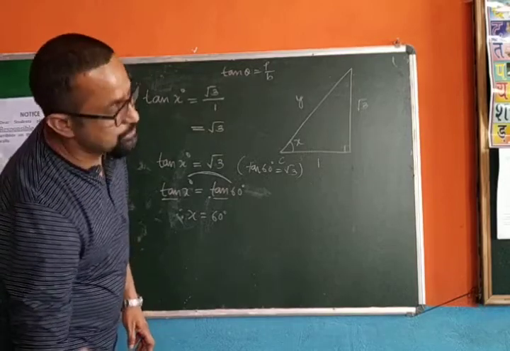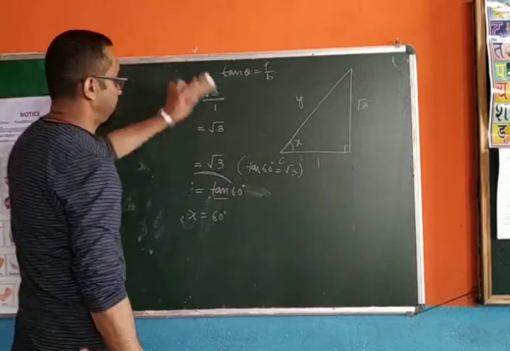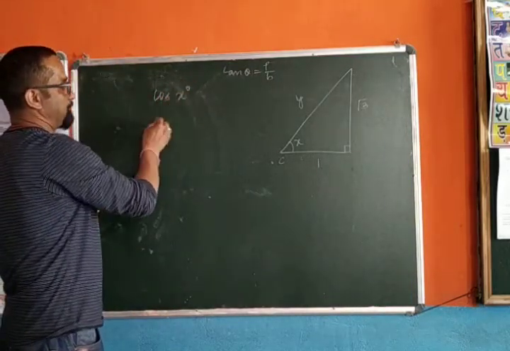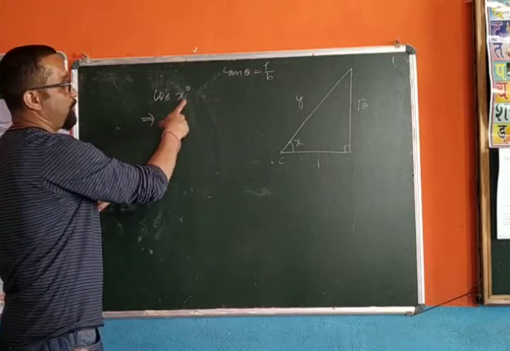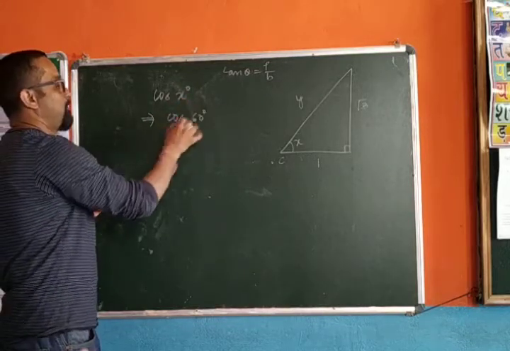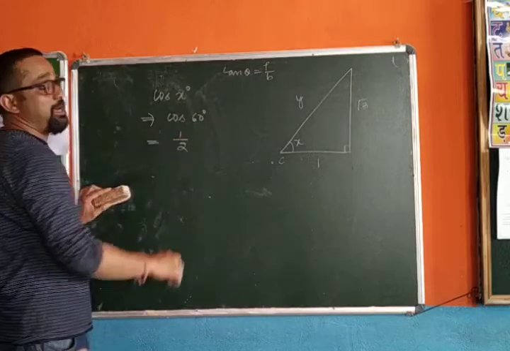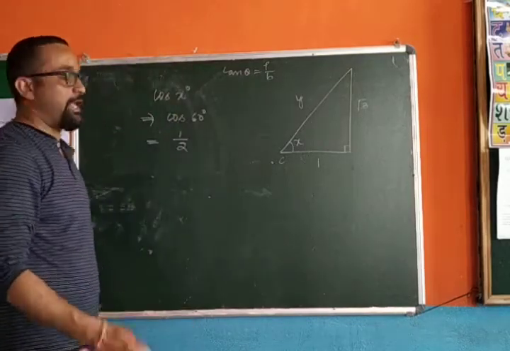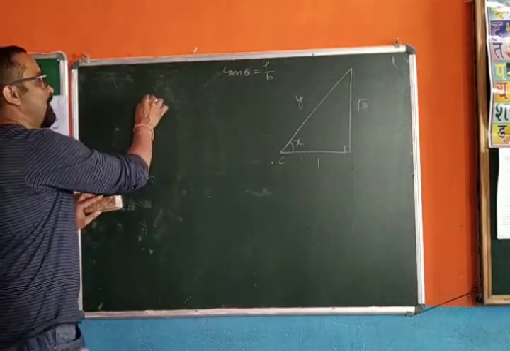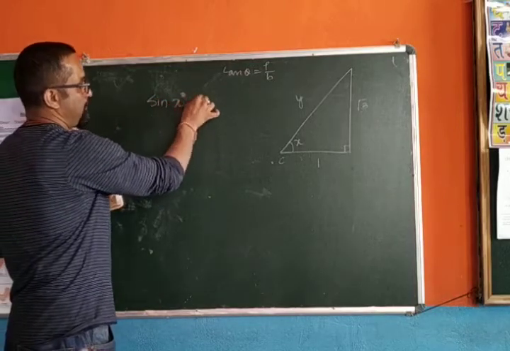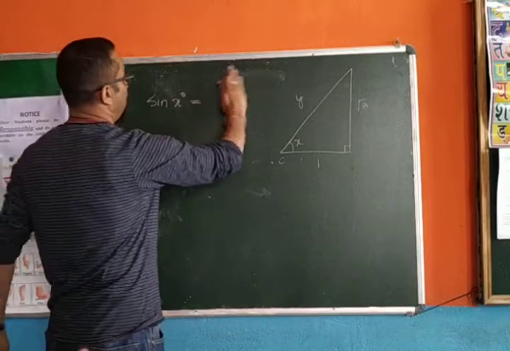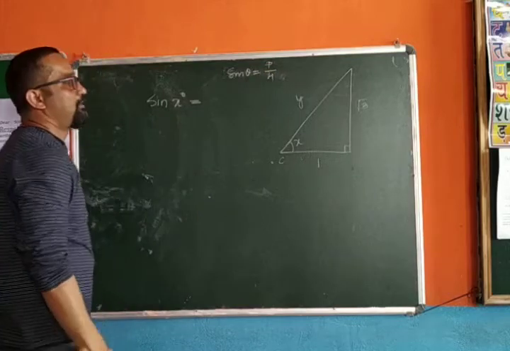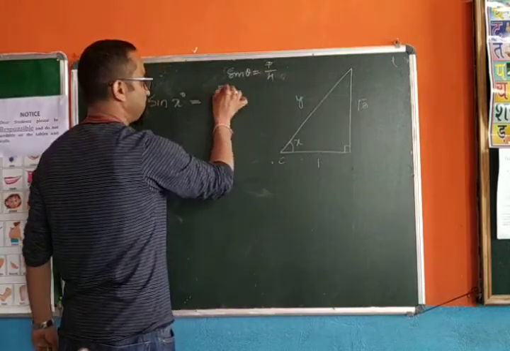The third one, question says that calculate cos x degree. Cos x degree. We know x is 60. Cos 60 is 1 divided by 2. Now question says that use sin x to find y. So we write sin x degree. And we know sin theta is perpendicular upon hypotenuse. So we have perpendicular root 3.